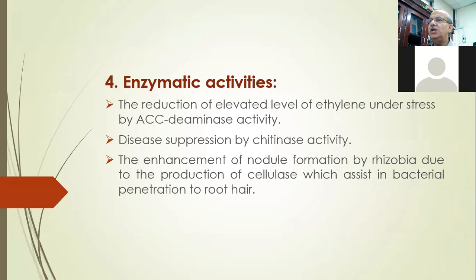What these cellulase enzymes do is puncture the root, and from that puncture, the rhizobia can penetrate into the root hair where they multiply, develop the nodules, and fix nitrogen. So these cellulase enzymes help the rhizobia to penetrate into the plant.